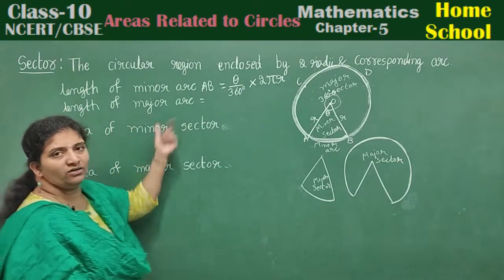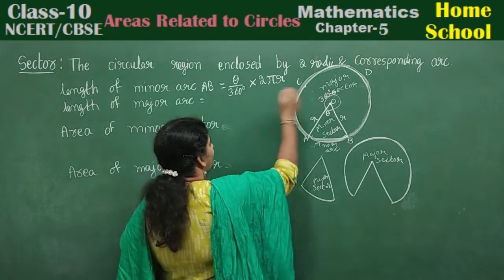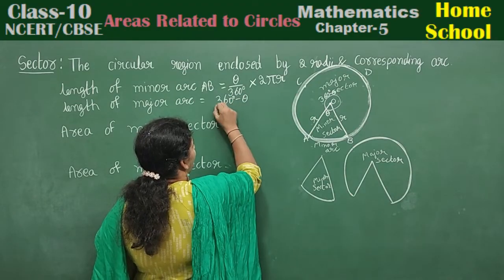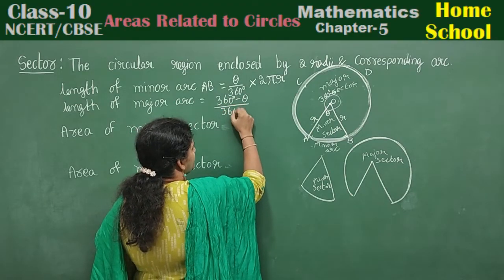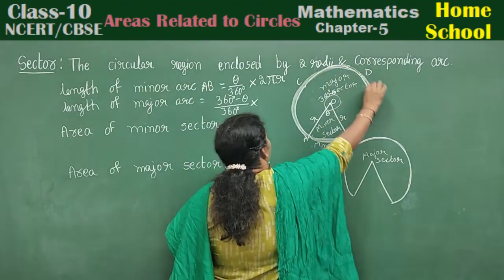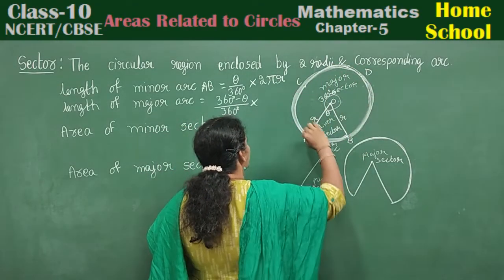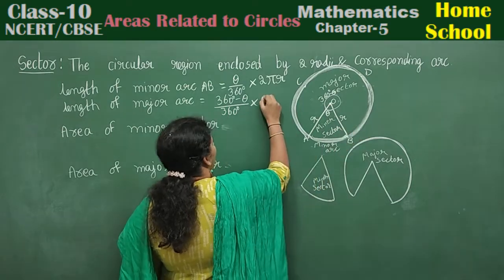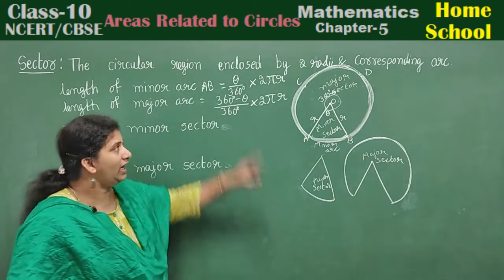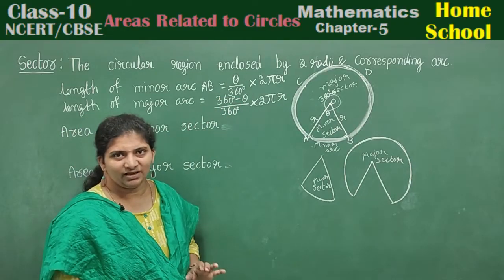Major arc. What is the angle in major arc? 360 degree minus theta by 360 into, again I need to find the length of this arc. What is this one? Major arc. Again I go with 2 pi r. Only angle is changing.